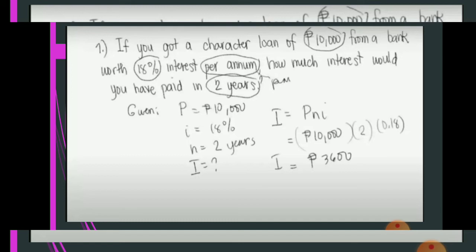So, ang kinalabasan, ang big letter I natin is 3,600. Which is, ang buong interest na mababayaran mo sa 2 years is 3,600.